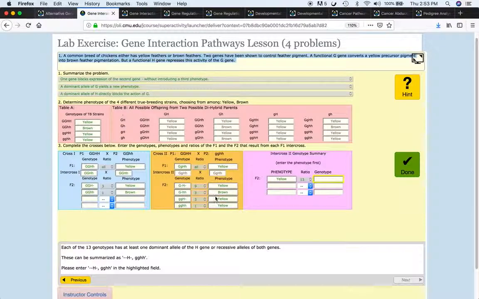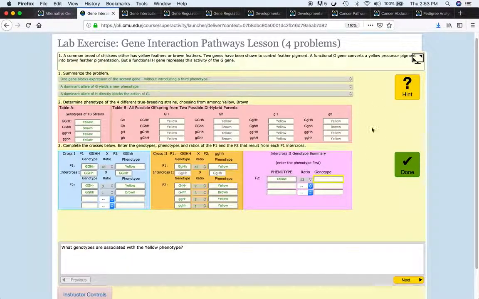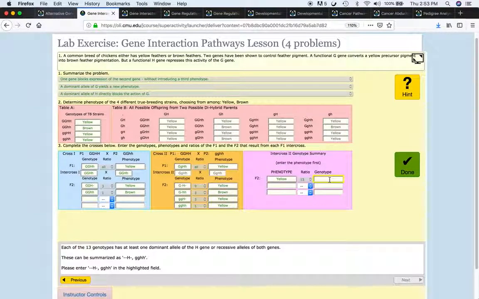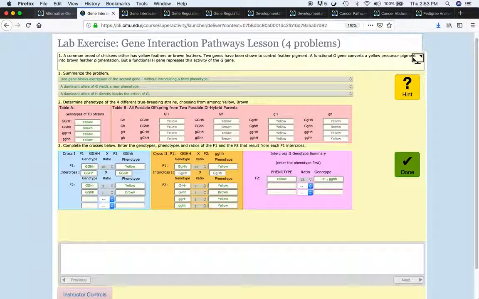Several of the genotypes result in the same phenotype. We then collapse those, and as the student is solving the problem, if they don't know what to do, they can ask for help by clicking the help button, and then get more help by clicking this, and eventually it will explain to them what they need to enter here, and this is the answer for that.